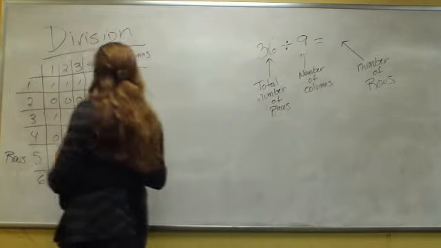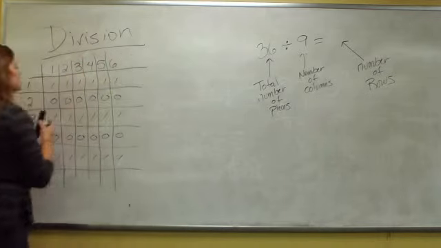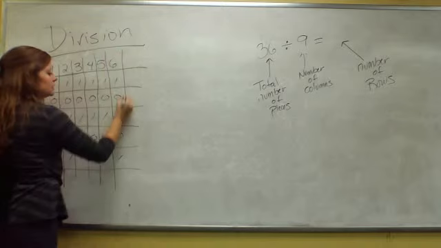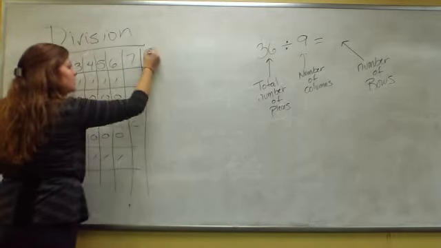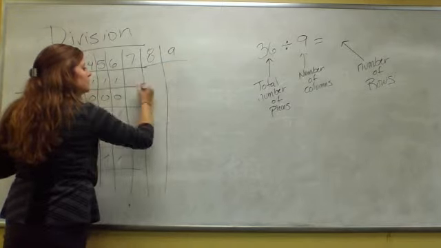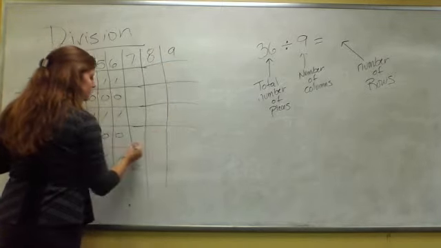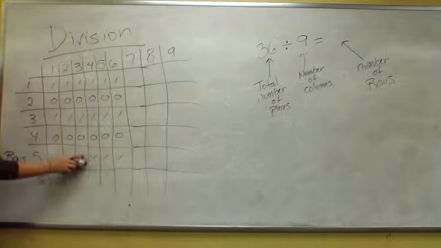Alright? So now I'm going to say that I have 6, 7, 8, 9, and I'll extend out my lines here. Okay? I'm going to erase all these.